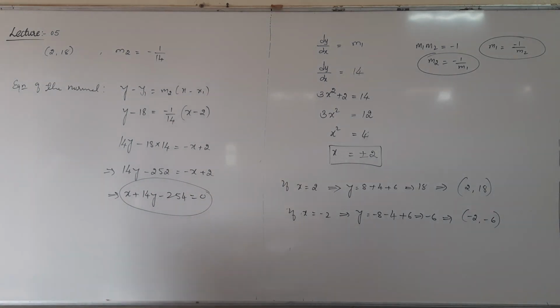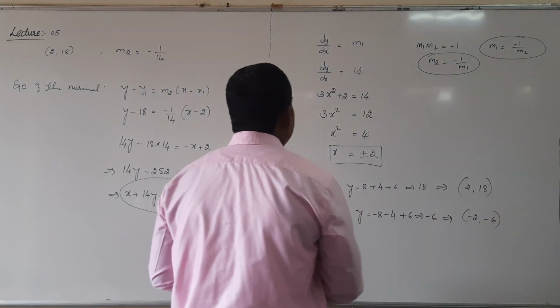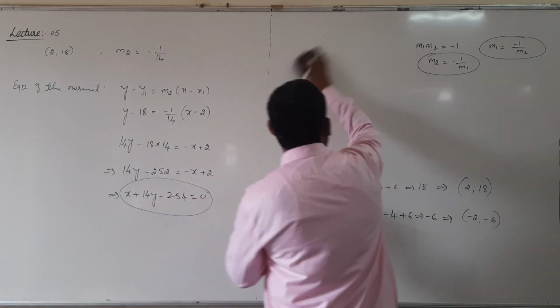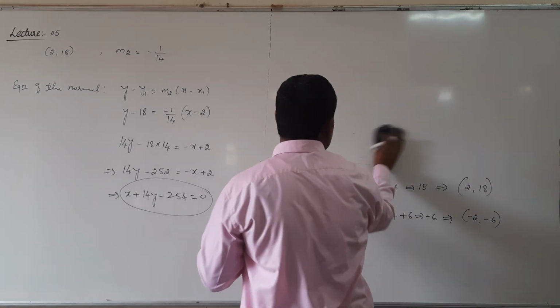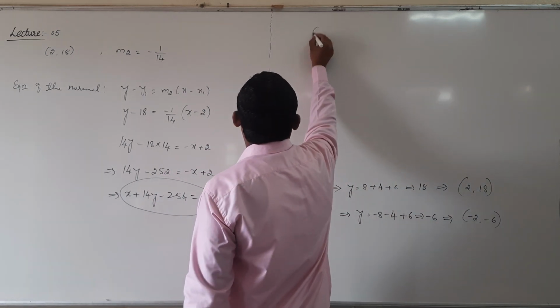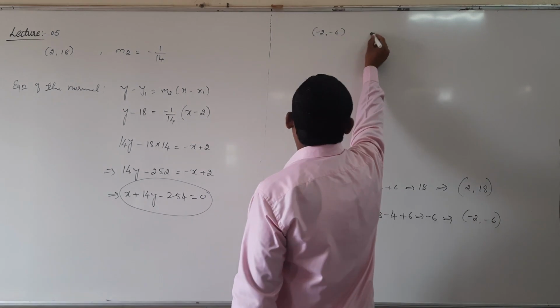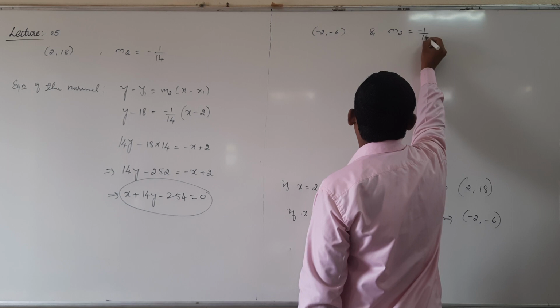We have one more normal line at this point. Now write its equation. At minus 2 comma minus 6 with the m2 value the same only, that is minus 1 divided by 14.